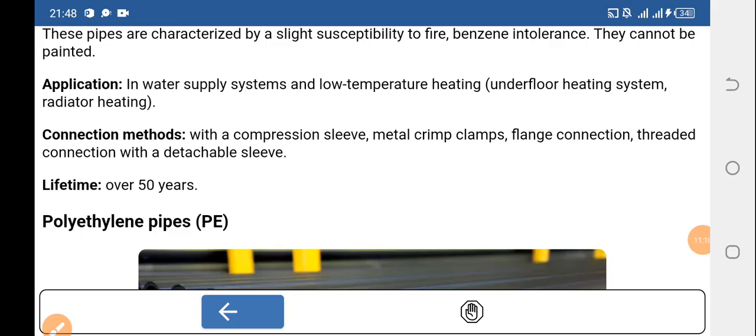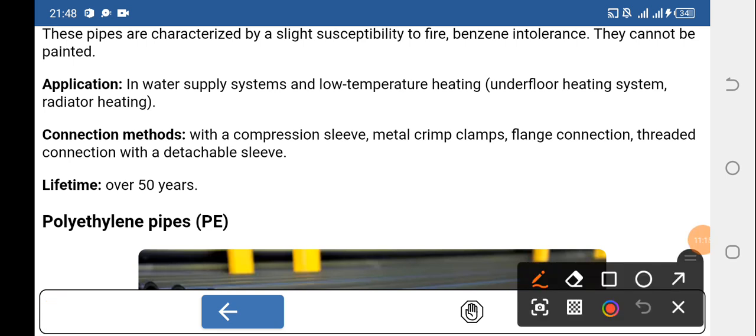When we talk about metal clips, okay, followers, those who are following, I'm talking about metal clips, talking about flange, talking about threaded, and also compression method. So these are the four methods that you can use to connect this pipe.